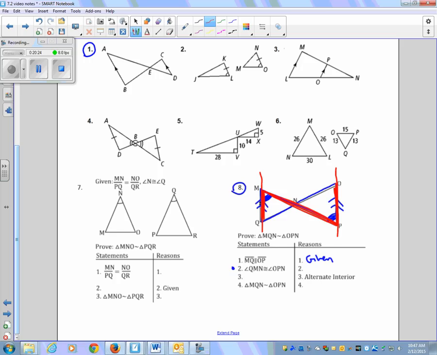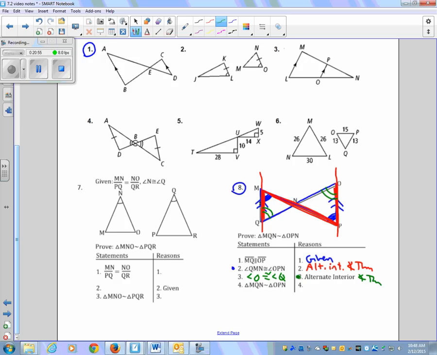Alternate interior angles theorem. So if you know those lines are parallel, those two angles are congruent by alternate interior. We need another pair of angles. That's going to be angle O is congruent to angle Q by alternate interior angles theorem as well.